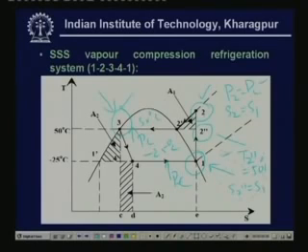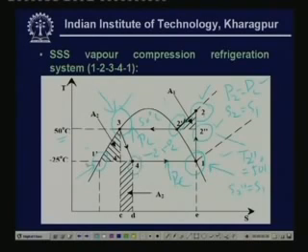So, we know 2 properties again, so we can find out the rest. And point 2 dash is nothing but saturated vapor at 50 degrees centigrade, so you can easily find out the other properties. And point 1 dash is the saturated liquid at minus 25 degrees centigrade. So, this point is uniquely fixed, and you can find out all other properties.